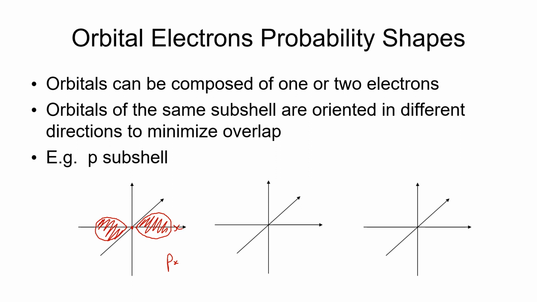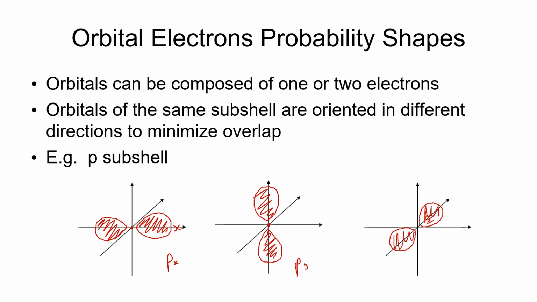The second orbital can't be in that same space, and so it'll go on a different orientation relative to where that first p orbital was found. And so up and down, and that'd be p on the y-axis. And then the third orbital for p could go on the z-axis, which would be like in and out of the screen, which is kind of hard to represent here.